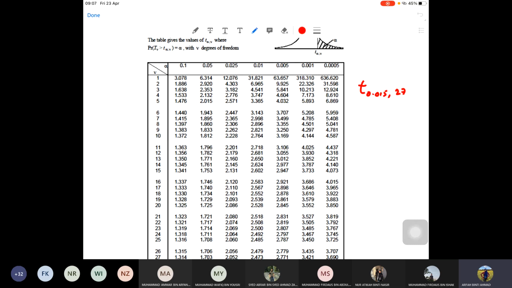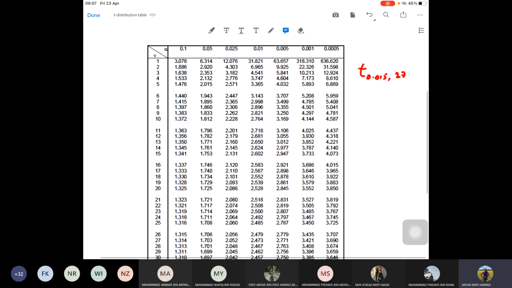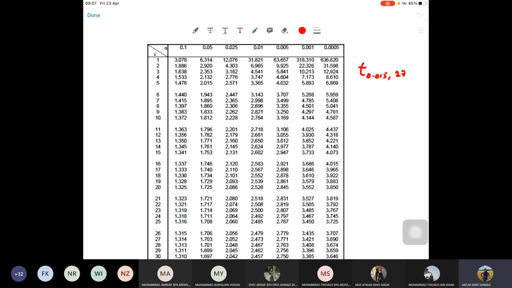Okay. So 27, this one 27 dia punya degree of freedom tadi 27, tapi dia tak ada 0.015. So kita ambil yang paling hampir adalah this one 0.01. Kalau ambil 0.005 tu jauh sangat. Kalau 0.025 dia dah terlebih.